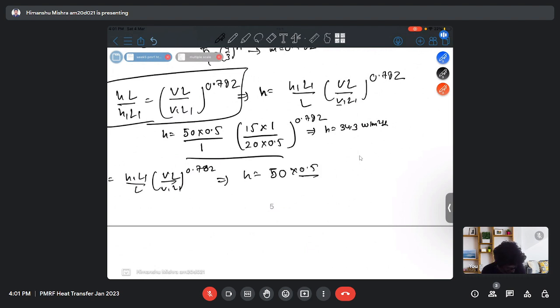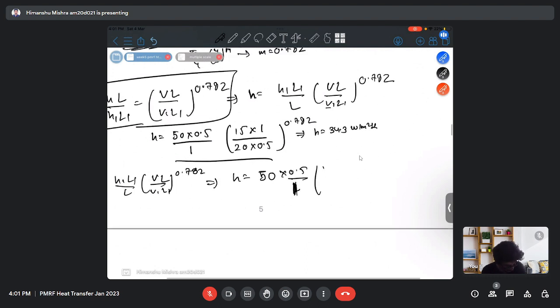So this is my previous length, my new length is 1, and now the velocity changed to 30 and my length remains 1. Previous length is 0.5. So in that case my modified heat transfer coefficient is 59 watt per meter square Kelvin.